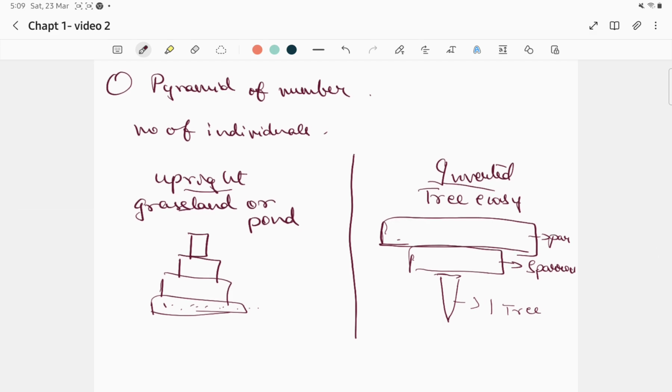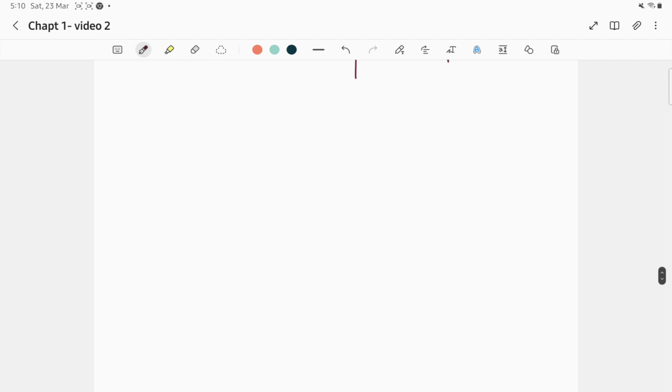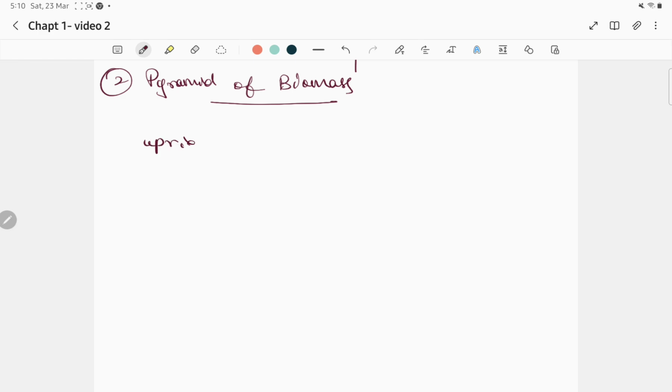So next one is pyramid of biomass. The name itself tells biomass, mass. Here also we can see two types, upright and inverted.